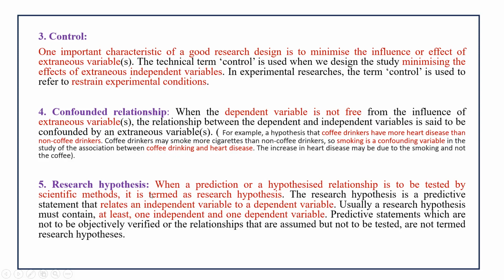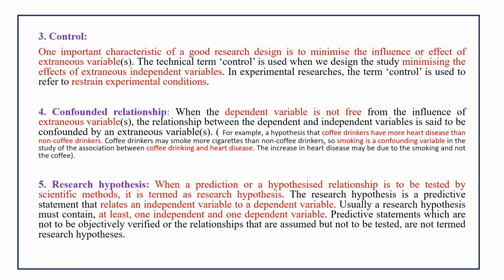Then the next is research hypothesis. You know very well what a research hypothesis is. It is the prediction, or the hypothesized relationship between the dependent variable and the independent variable, and the method by which you are going to test it is called the research hypothesis, right?